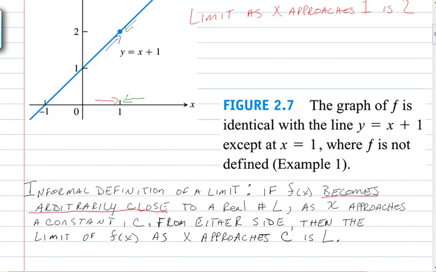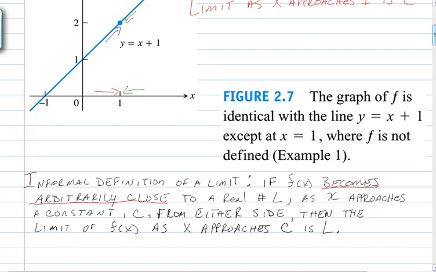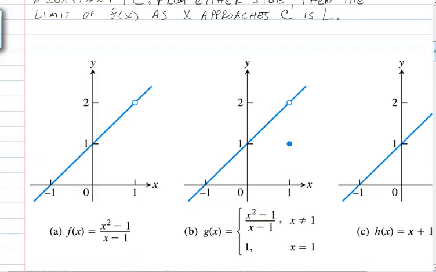Arbitrarily close is a problem for us, and that's what keeps this an informal definition of a limit. In the formal definition of a limit, we're going to be looking at how to determine how close is close. And I believe that's in the next section. So, moving on.